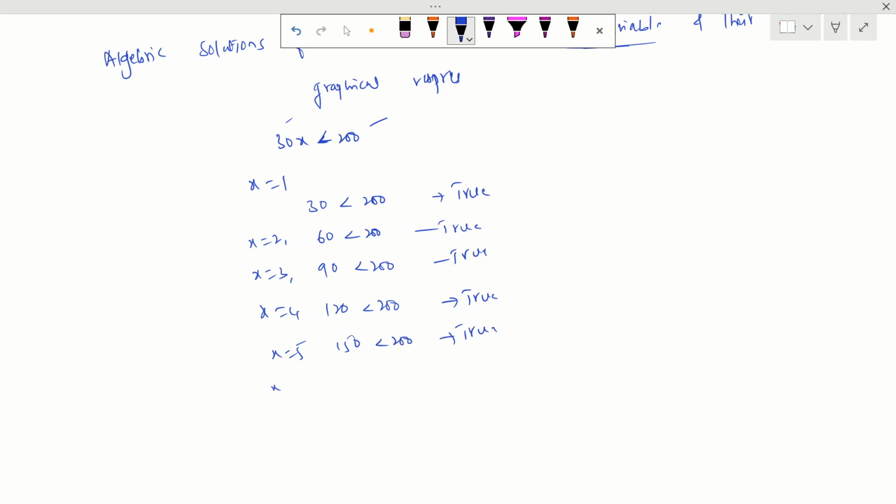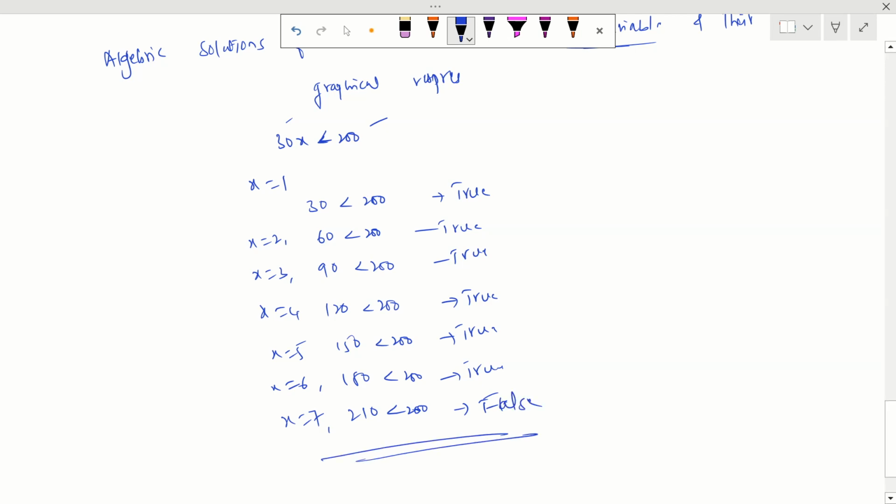And when we put x equal to 6, then we have 180. It is also less than 200. This statement is true. When x is equal to 7, 3 7s are 21, 210. 210 is not less than 200, so the statement is false.